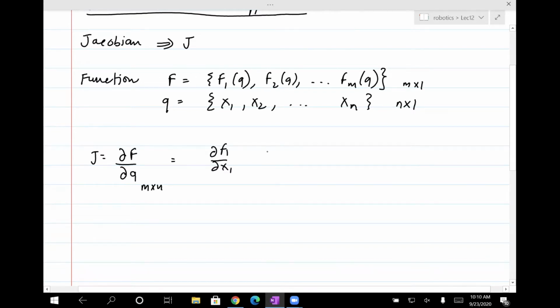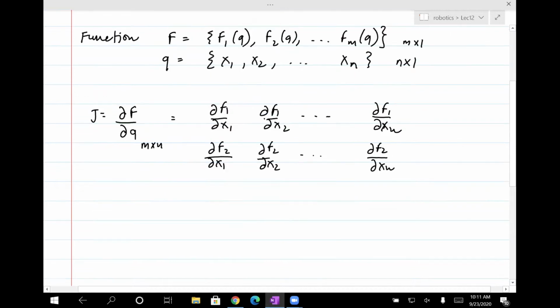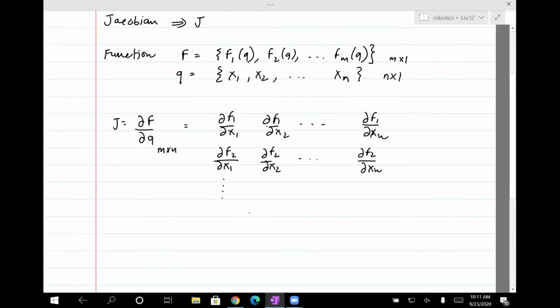So that's df1/dx1, df1/dx2, and so on till df1/dxn. So this is the first row of the Jacobian. Then we have df2/dx1, df2/dx2 and so on till df2/dxn, and we keep doing this till dfm/dx1, dfm/dx2, so on till dfm/dxn.